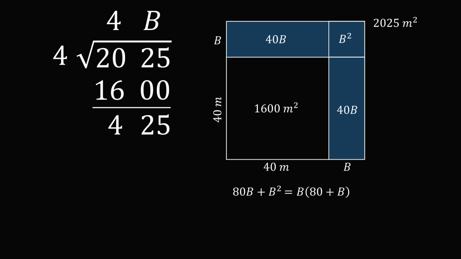So notice if the next digit is b, we have to double this 4 to get 80 plus b, and this is another explanation of why we have 80 plus b times b, and of course b will be equal to 5, and this exactly accounts for the remaining area. So this is a geometric way to see why this algorithm works.